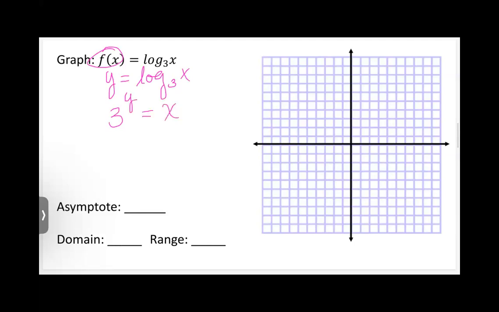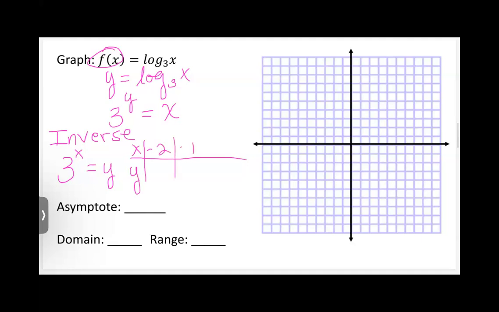Okay, so to start out, we're going to graph the inverse. The inverse is just trading the x and the y. So that would be 3 to the x equals y. And then I'm going to do my table this way this time. So x, y, and then we'll just go -2, -1, 0, 1, 2.